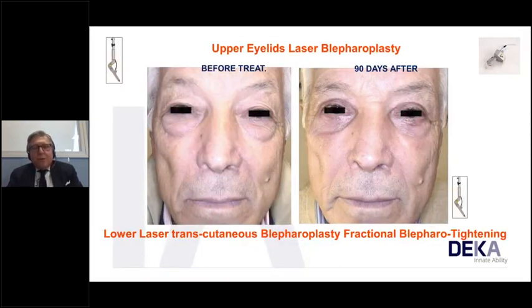We can move from one handpiece to the other, from the 1.5 freehand handpiece for cutting, to the 7 freehand handpiece for vaporizing some lesions present in the eyelid, to the scanner for the fractionated treatment of the eyelids. So in the upper eyelids, we have a laser blepharoplasty for the incision, and then we have lower transcutaneous blepharoplasty, followed by fractional blepharotightening with the scanner.